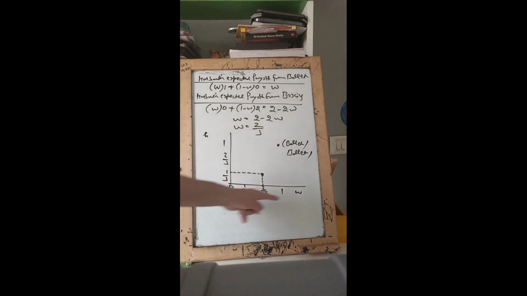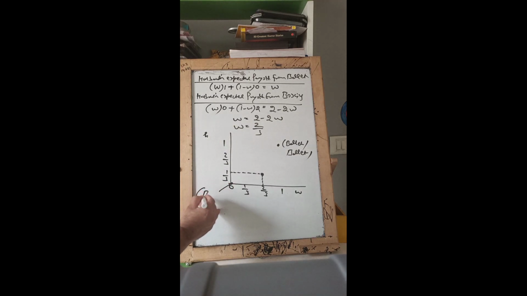W being 0 means that the probability of the wife going to ballet is 0. That means the probability of the wife going to boxing is 100%. Same here, H is 0. H was the probability of the husband going to ballet. If H is 0, that means there is 100% probability that he is going to a boxing match. So this again is your third Nash equilibrium. This will be about boxing and boxing.